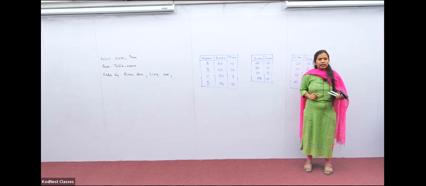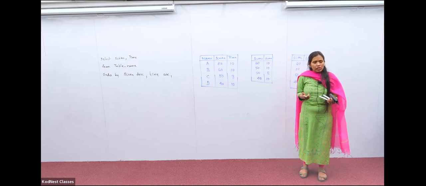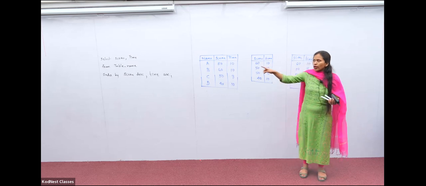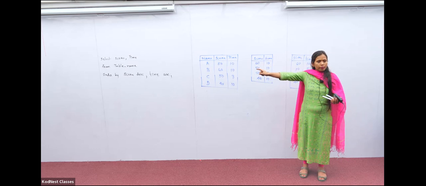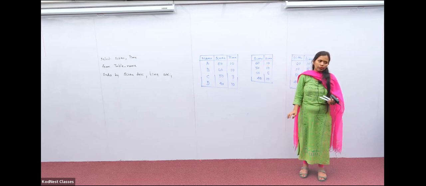You should know how the order by clause works on multiple columns. First, is it possible to perform sorting on multiple column values? Yes, it is. And how does it work? In this way. In the order by clause, you can just say order by first column name, the order in which you want it sorted, comma, the second column name, the order in which you want it sorted, and then comma, third column, and its order. Like this, you can give multiple column sorting.